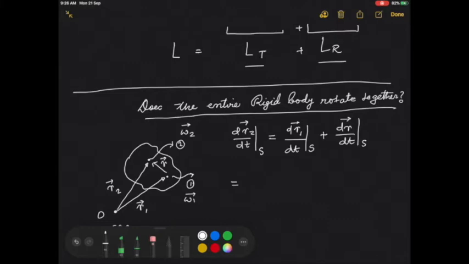I'm sorry, this is dr, right? It's just vector addition, r1 plus r is r2.